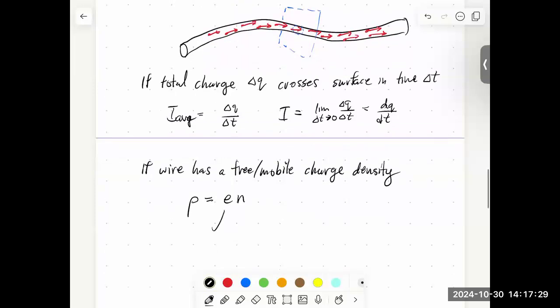Okay, so e is the charge of an electron, or the fundamental charge, and n is the number of electrons per unit volume. If I took n and multiplied by, say, mass, I would get a mass density. If I take this little n and multiply by charge, I get a charge density.